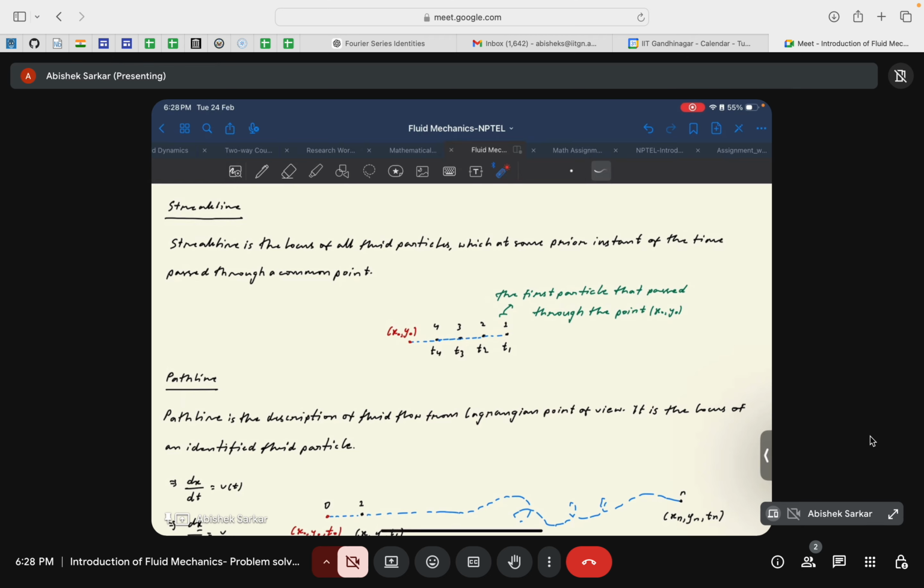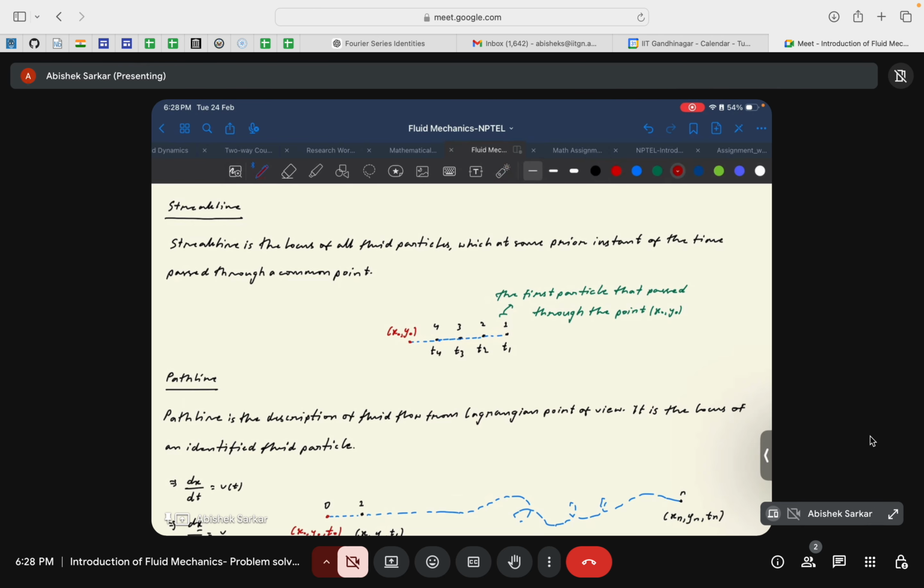So you can see that if you now create the locus of these particles, starting from the initial point of injection, and see how the locus from the positions of the particles is made, that is what basically gives the streak line.